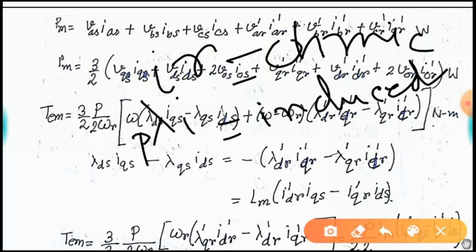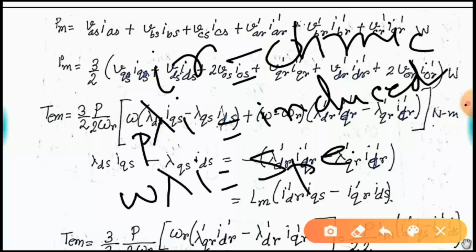And the third one is the speed power. A slight abuse of terminology, right? Speed power.